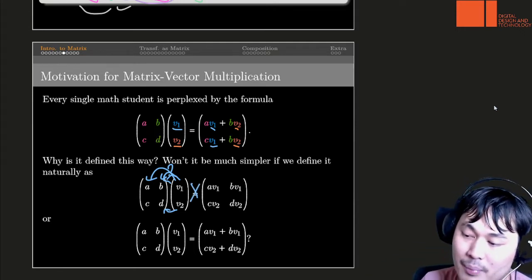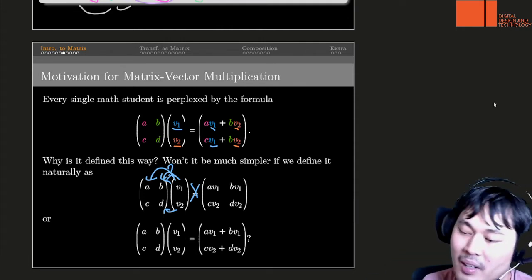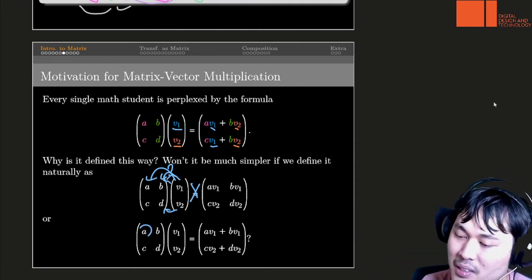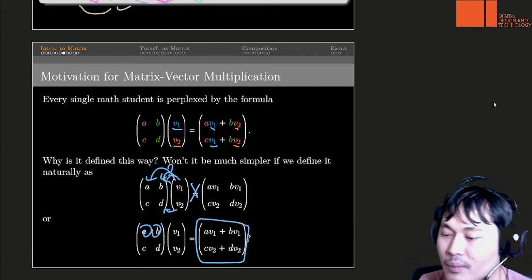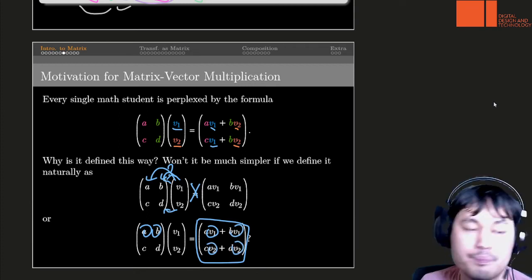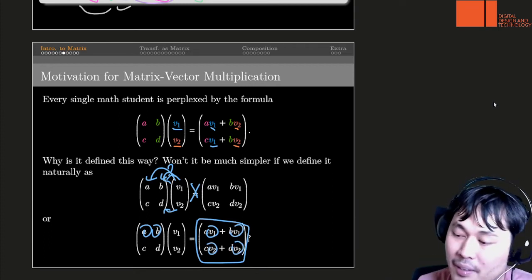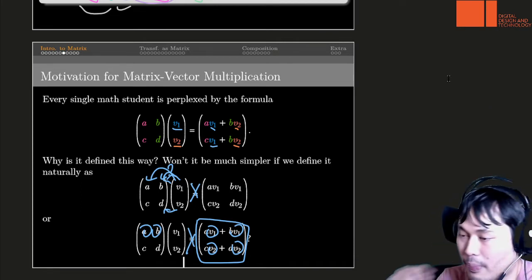Of course, it is wrong, but you might have this kind of question. Or likewise, why don't we just make it a new vector instead, so just keep v1 on the top and v2 at the bottom? That will make everything a lot easier to compute.